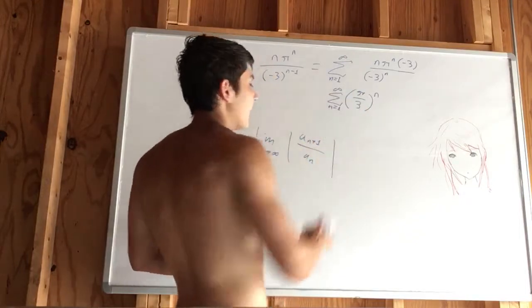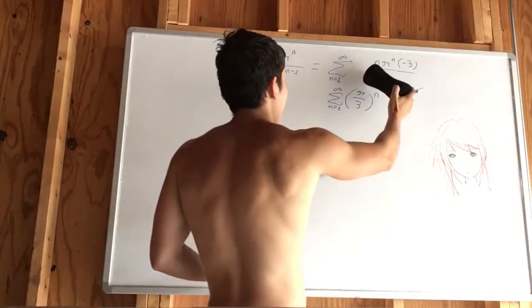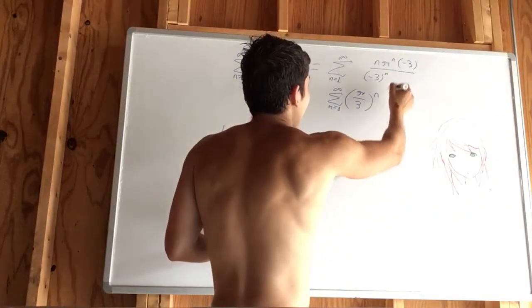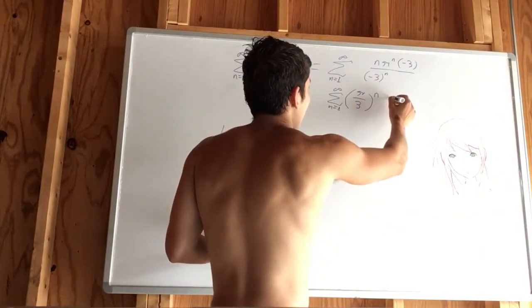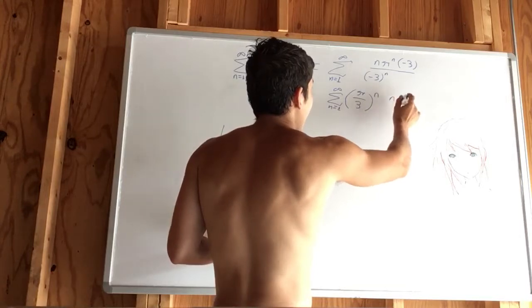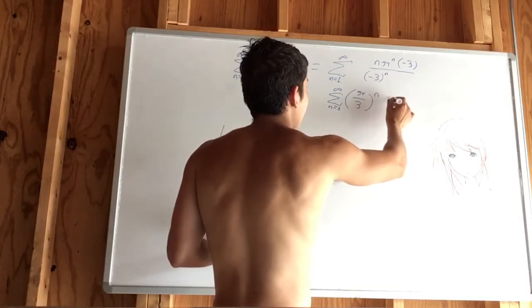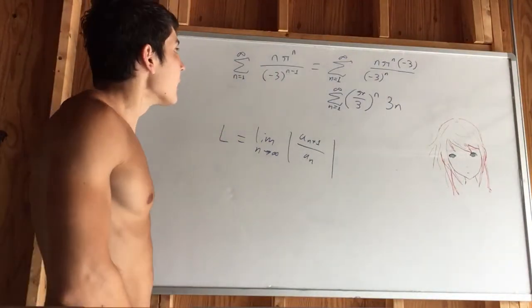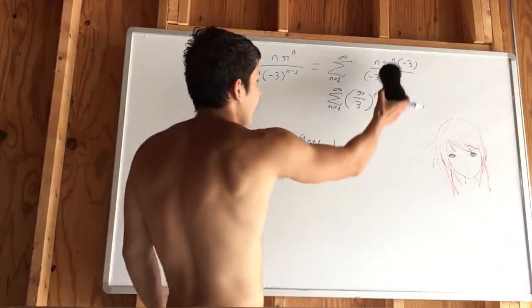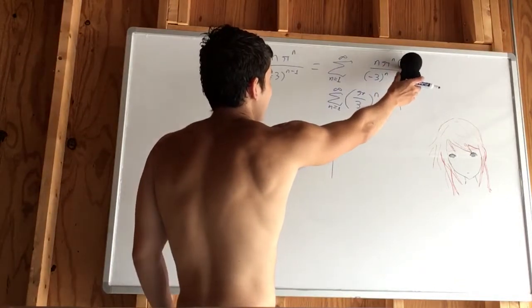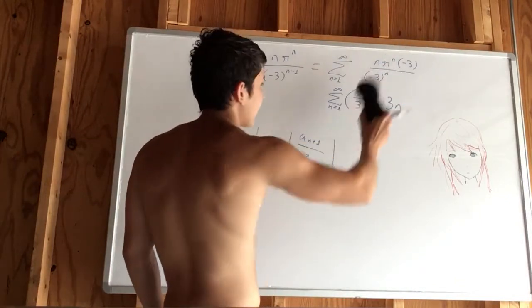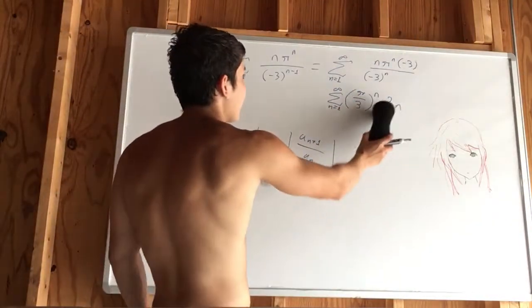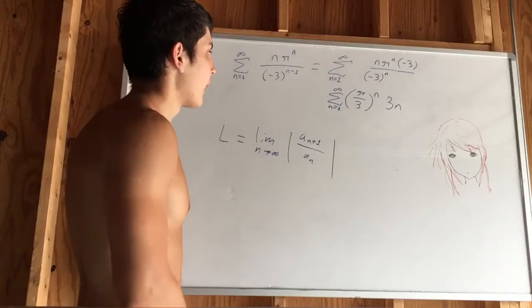And we can get rid of the negative because that cancels out with this one. We have n times 3, which is 3n in the numerator. And if you notice what I did, this isn't being multiplied, this isn't being taken to the exponent of n, so we can leave that as that factor there.